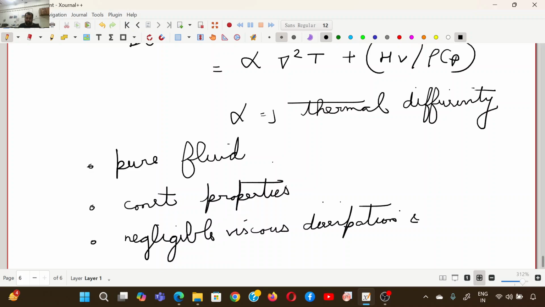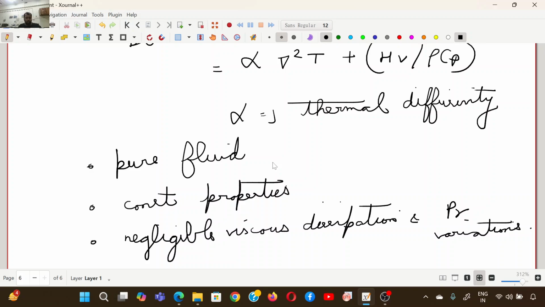Viscous dissipation maybe will come later in the next class when Sir discusses the energy equation in its totality. So negligible viscous dissipation and pressure variations. These are the underlying assumptions for this energy equation.